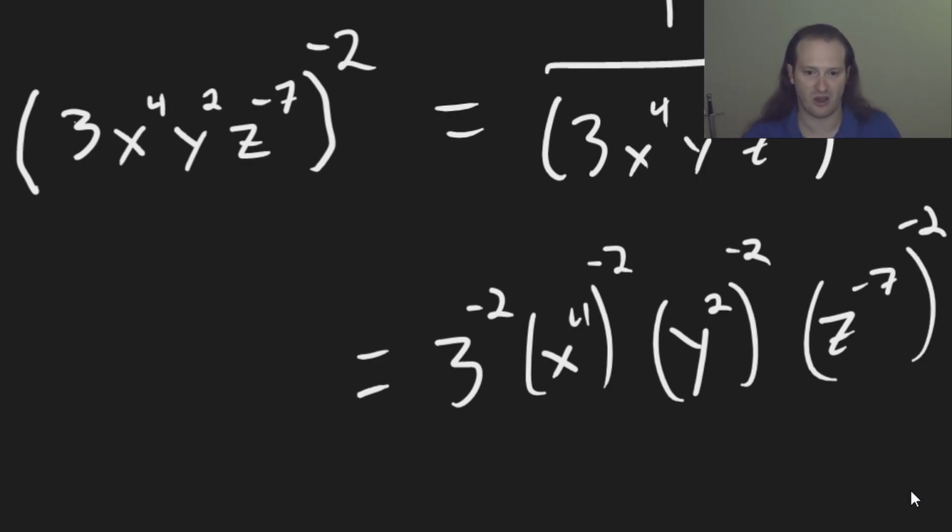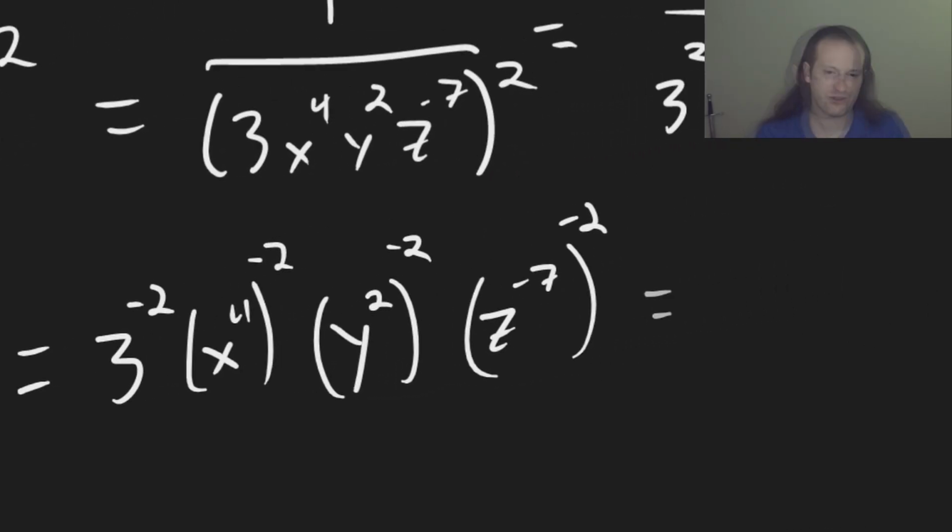Now we do power to a power, which means we multiply them. 3 to the negative 2nd power is, I guess I can tell you that that's 9 to the negative 1st power.